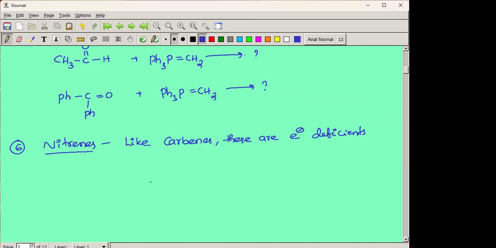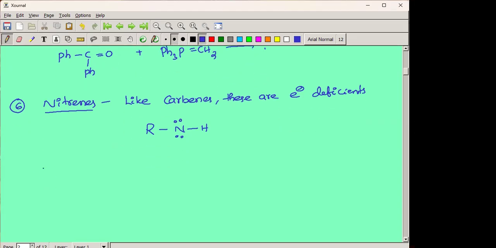Similarly, nitrenes are also a kind of electron deficient species, but they contain nitrogen instead of carbon. So this is the nitrene structure. These nitrenes are involved in many kinds of rearrangement reactions.